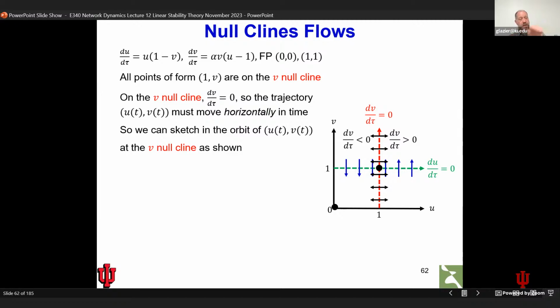Along that horizontal green line, the flow is vertical. Now, what I have not yet done, and I won't have time to do today, is ask the question, what direction are you going? When you cross the horizontal line, are you going up or down? When you cross the vertical line, are you going to the left or the right?